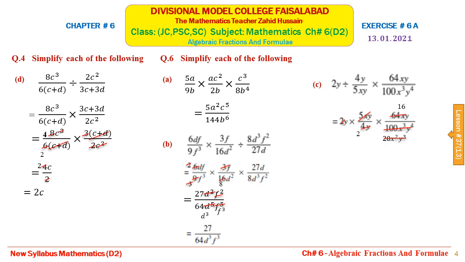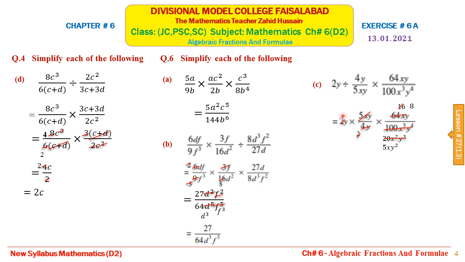Now this 4 16s are 64, 4 5s are 20. x to the power 2 is divided with this x and we get x. y to the power 3 divided by this y gives us y to the power 2. Now this 2 and 16 can also be cancelled. So 2 ones are 2, 2 eights are 16. So our final answer is there is 1, there is 1, and there is 8.